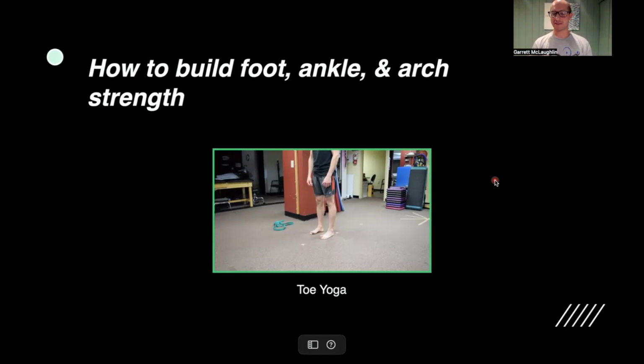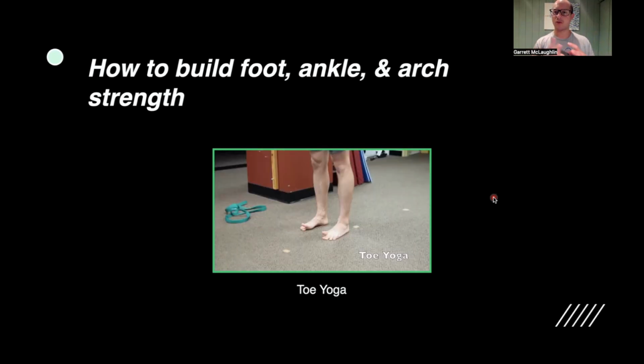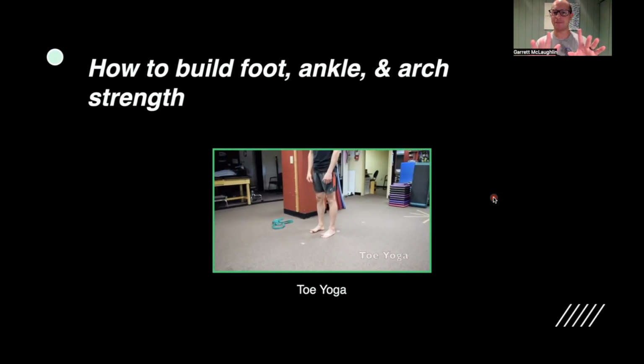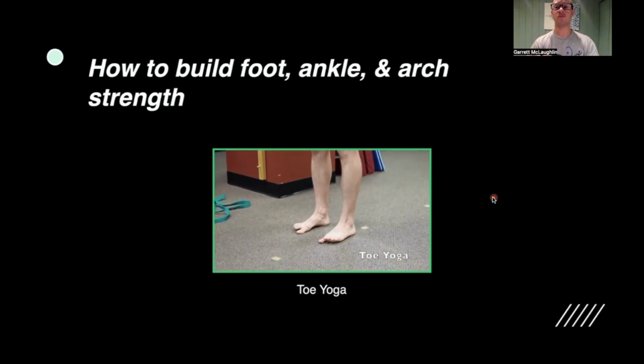So starting with something simple like toe yoga, I think it's a common one that a lot of runners have done before, whether it's a PT from plantar fasciitis, a post-tib tendinopathy, or some other lower extremity injury. All this does is help build that neuromuscular control between the big toes and the smaller toes. We have different muscles that control the big toe compared to the smaller toes, so we should be able to differentiate that motion: big toe down, small toes up, small toes down, big toe up.